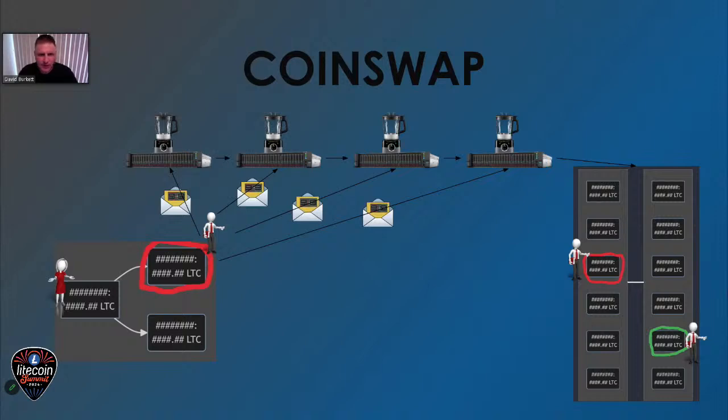And then each of those CoinSwap servers have to work together to build the final CoinSwap transaction that you see on the right here. And as long as at least one of these servers is honest, then none of them can know the link from your original coin to the green one you receive over here.